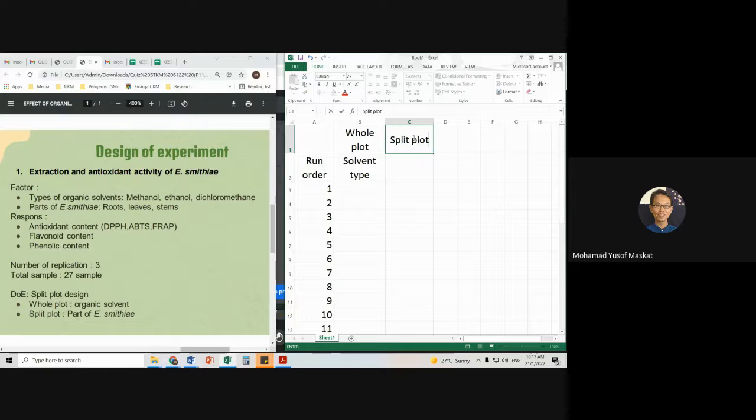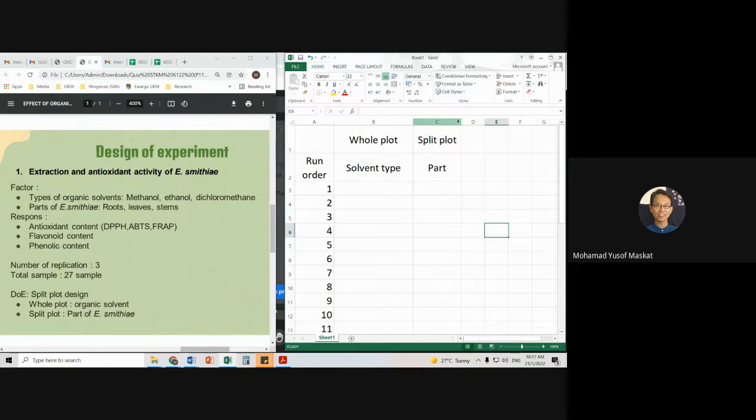That is the parts, the plant parts. So for the whole plot, the solvent type.